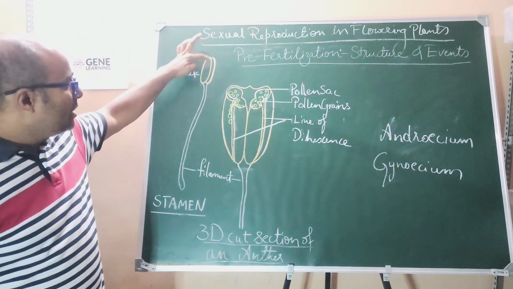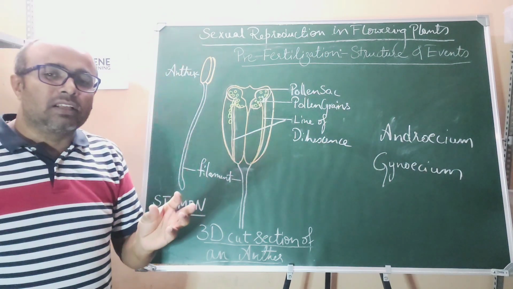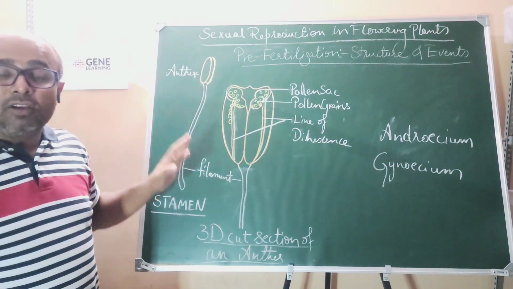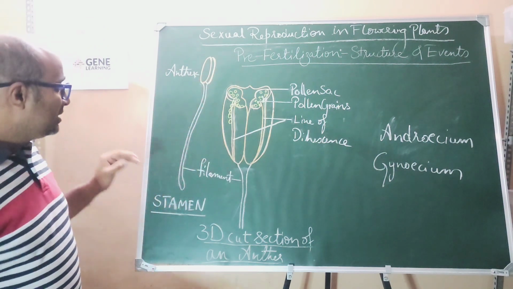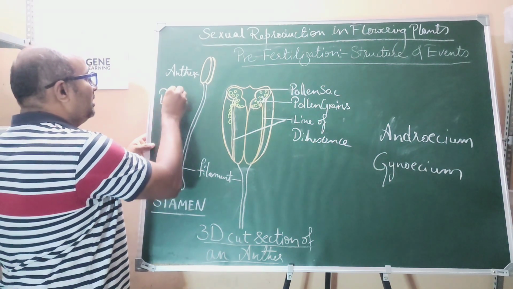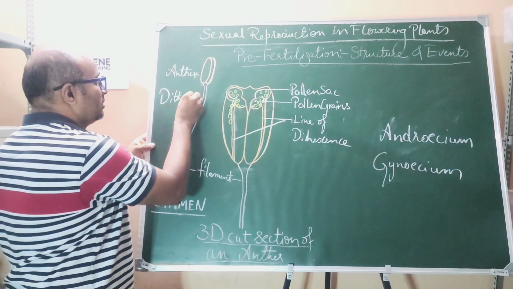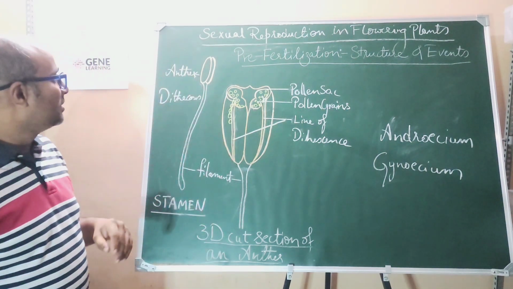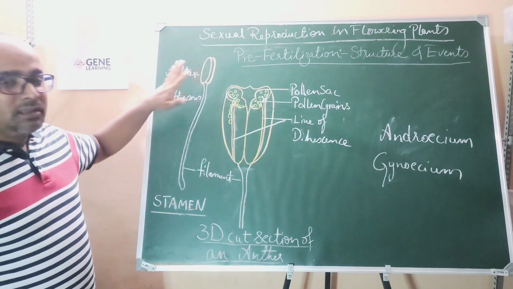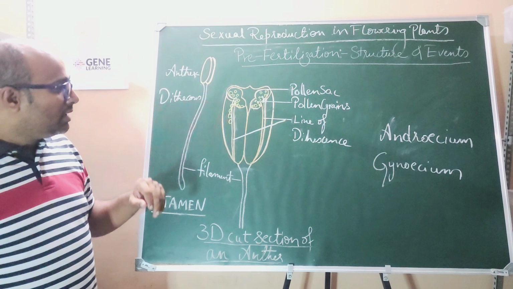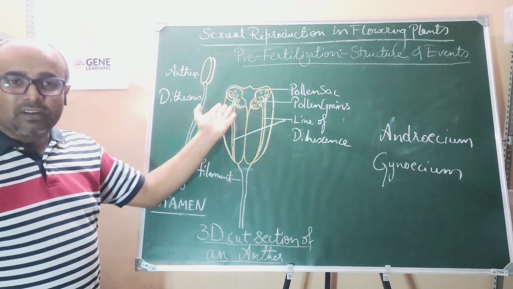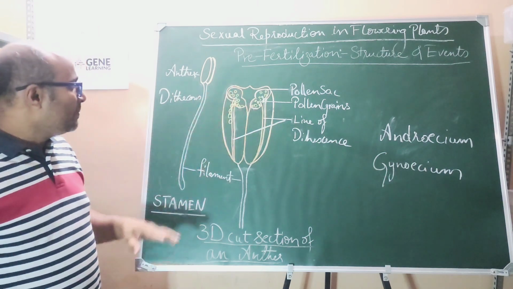Altogether, we call it a bilobed structure. This bilobed structure, that is the anther, is made up of two theca. That is what we call dithecous. If we take a three-dimensional structure and see that, we find different regions. I'll come to it in a short while.